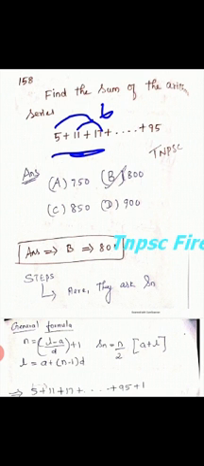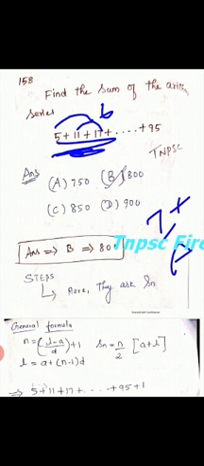In the given series, first of all you find the difference between the two numbers. If the differences are the same, it is an arithmetic progression.